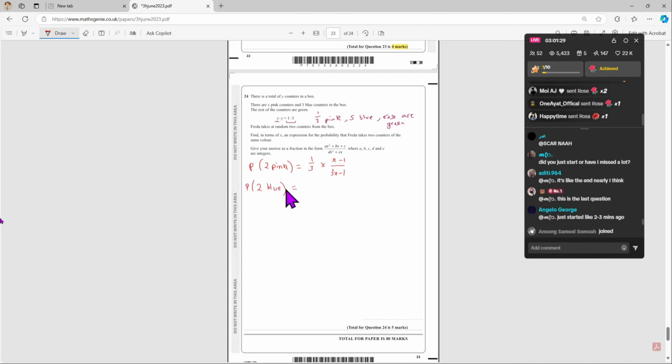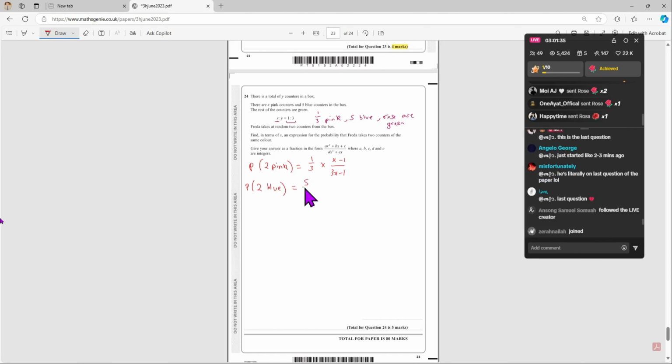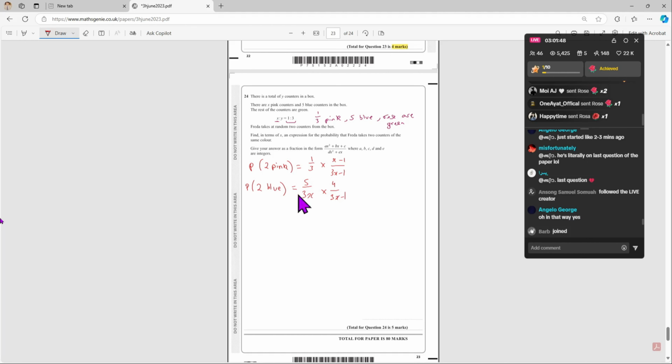It's going to be 5 over 3x, because that is the total counters, times 4 over 3x minus 1. Remember, when we take a counter, we have one less counter. That's why we're subtracting 1 after the second fraction.